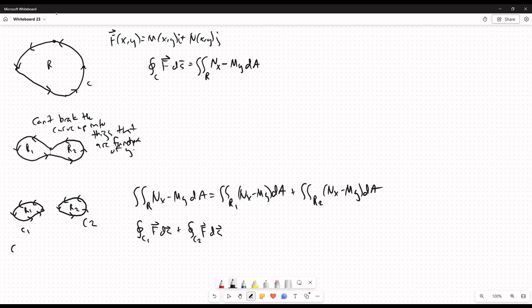So I'm going to call the original part of C1, C1 star, and then the new part, I'll call C1N, just for new. That's horrible notation.